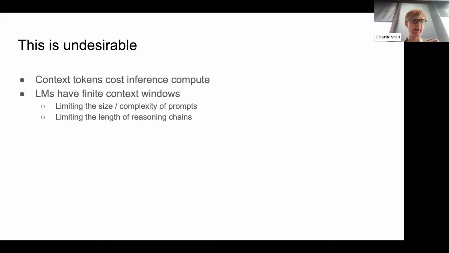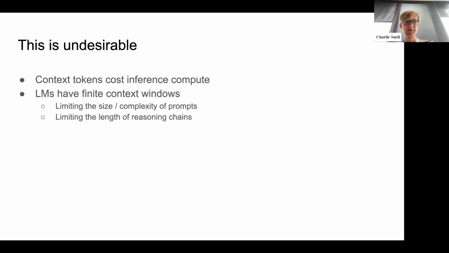Another is that language models fundamentally have finite context windows. So the set of problems we can ask our language model is limited by the set of prompts we can fit inside of their context window, or the length of the reasoning chain the language model needs to solve the problem.